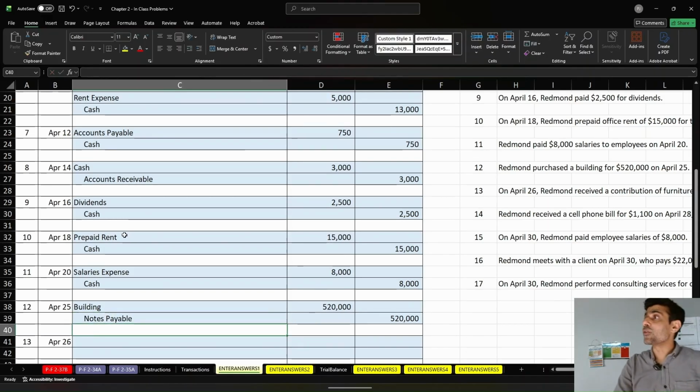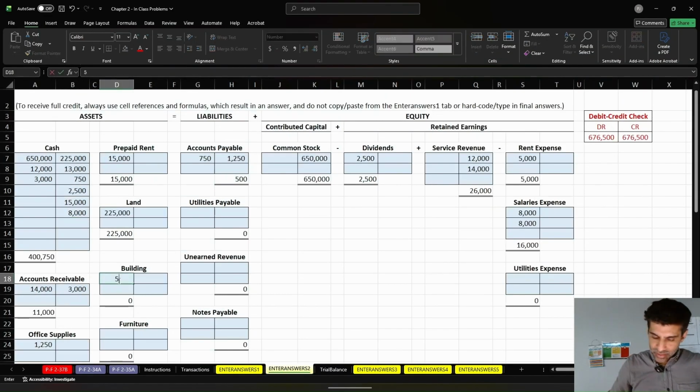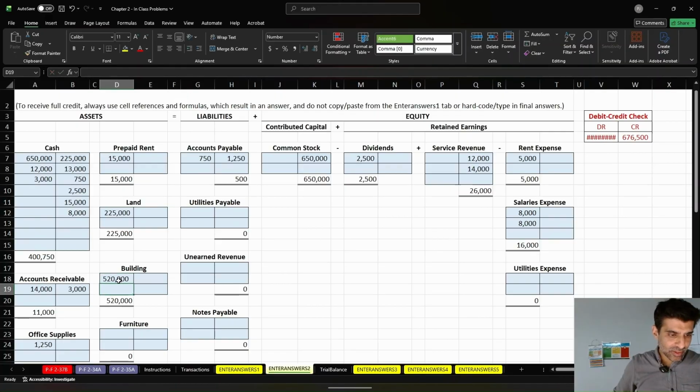And that makes sense, right? Notes payable is a liability. We'll have a new liability. It's going up, so that's a credit because liabilities are credit normal. So building debit 520,000. If I go to my liabilities, I see notes payable credit 520,000.